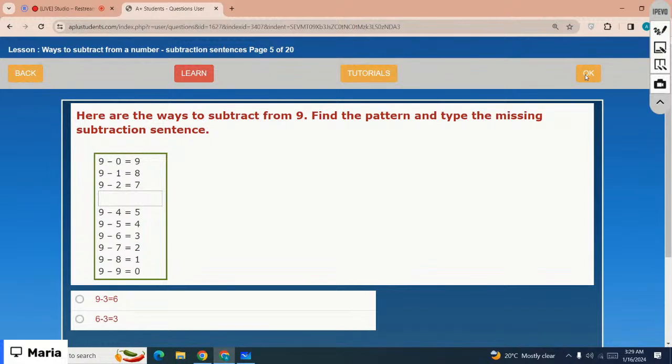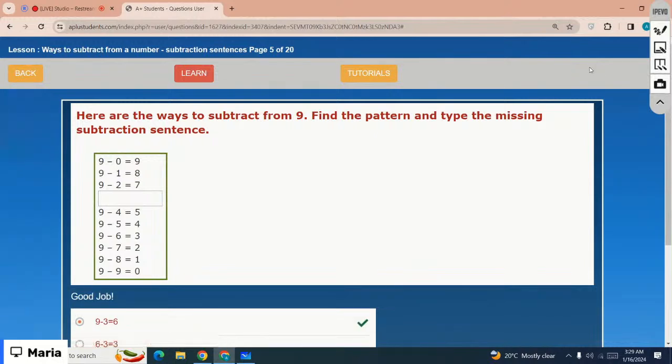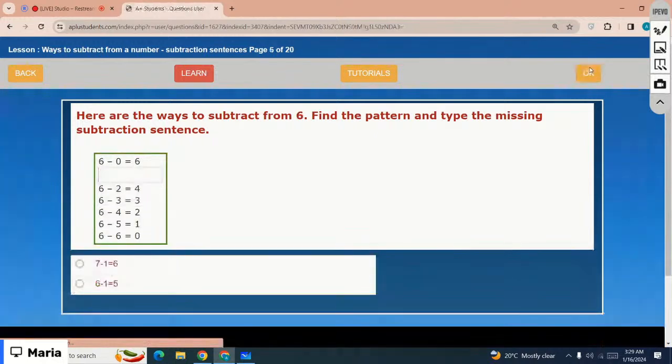The correct option is, yes, that is 9 minus 3 equals 6. Option number 1 is the correct one.